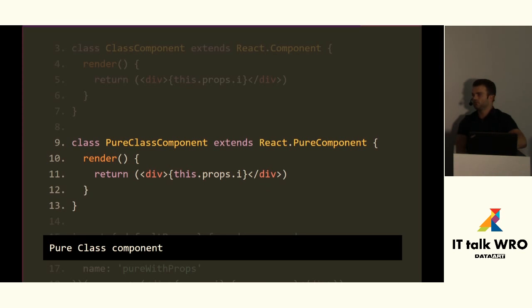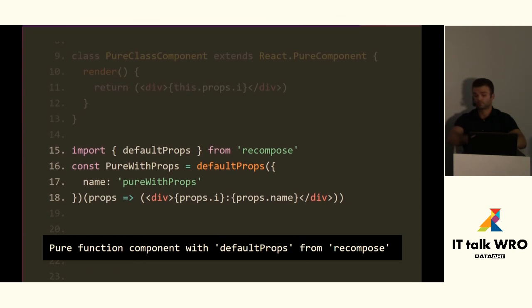And if your props won't change, please use the shouldComponentUpdate hook or use a pure class component. And the last one is a pure stateless component, but with the defaultProps function from the Recompose library. Recompose is a great library for React, which allows you to write your components in a functional way.